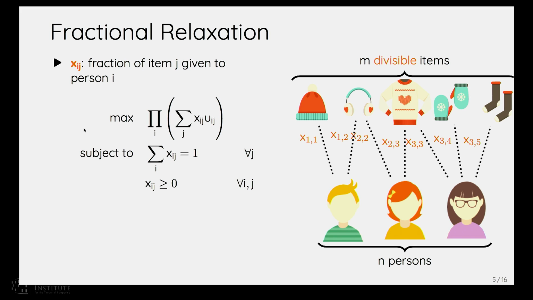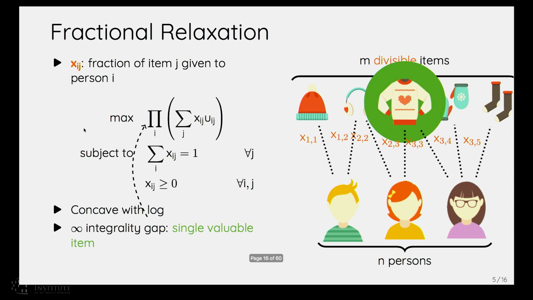And then you try to maximize the product of the utilities. Notice that in its current form, it's not a concave program, so you can't necessarily maximize it. But if you put a log behind this, it becomes a concave program. So you can actually find the optimum of this. But the main problem with this relaxation is that it has infinite integrality gap.